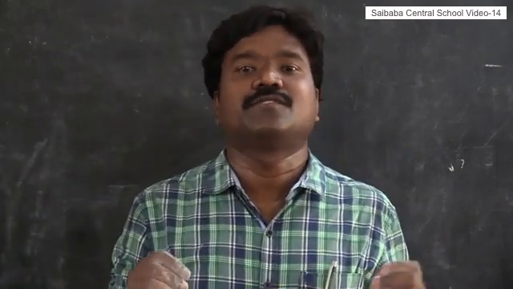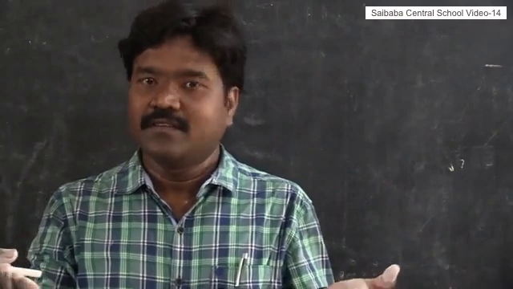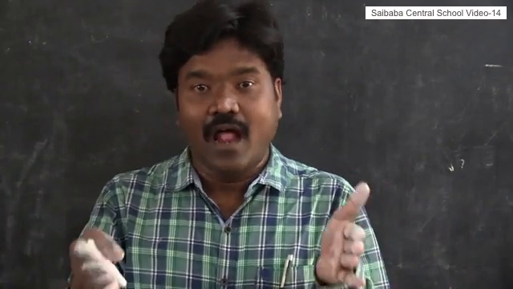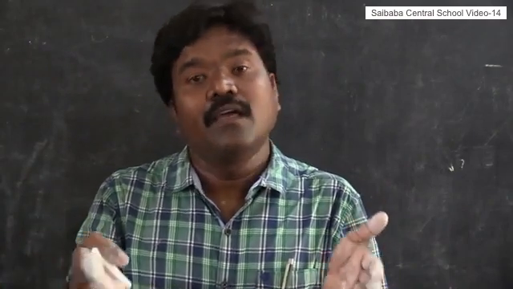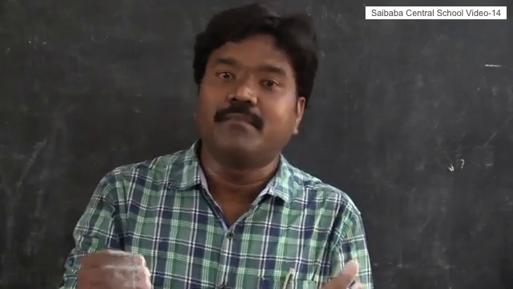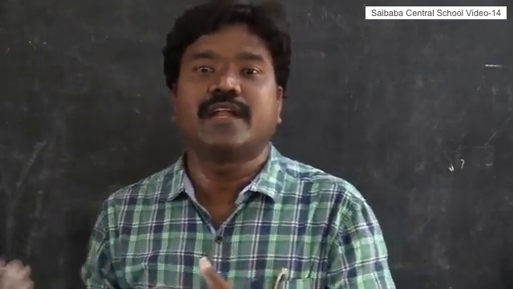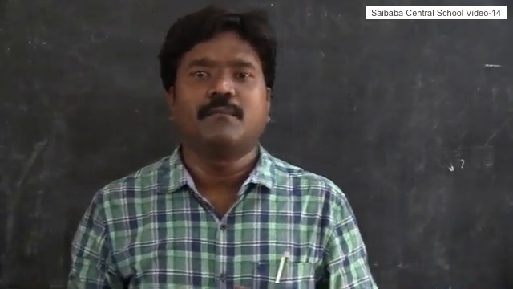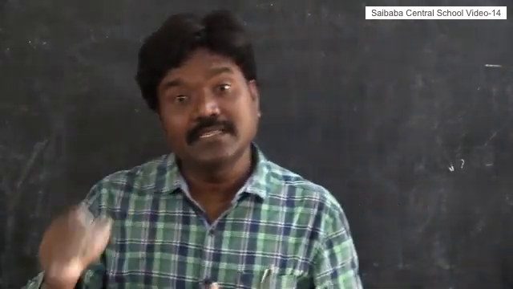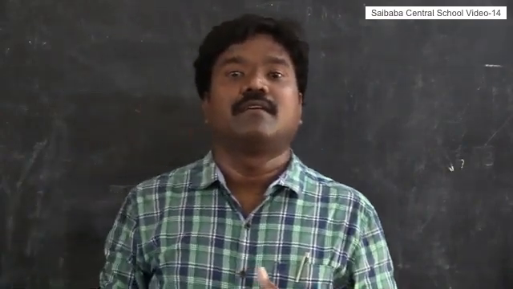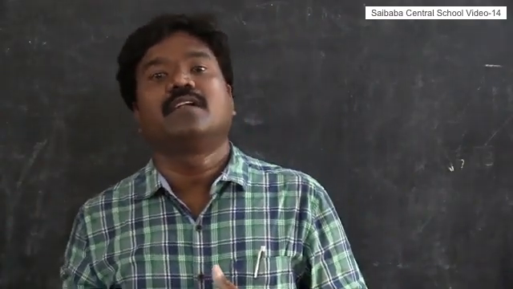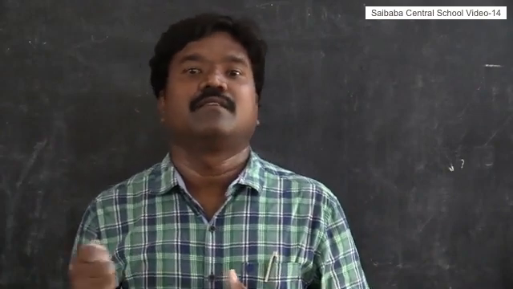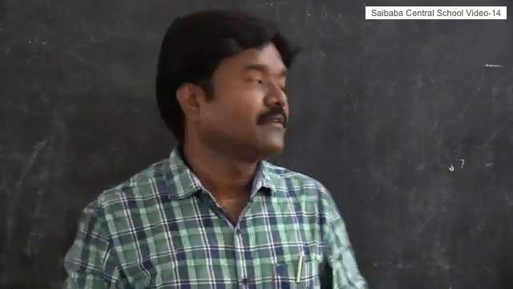If we subtract also, take two irrational numbers, the difference may be irrational or rational. Like that multiplication also. Multiply two irrational numbers, the result may be rational or irrational. May or may not be irrational. That is based on the problem.